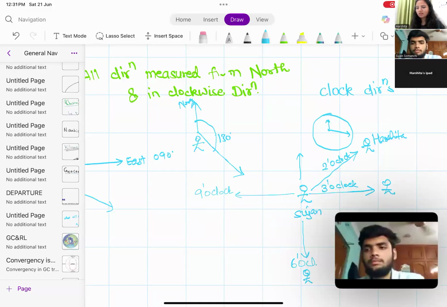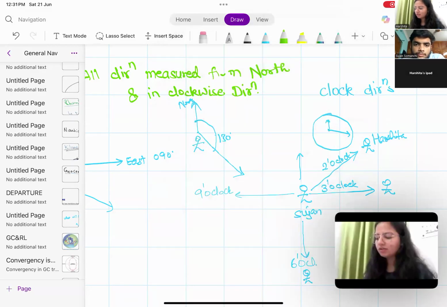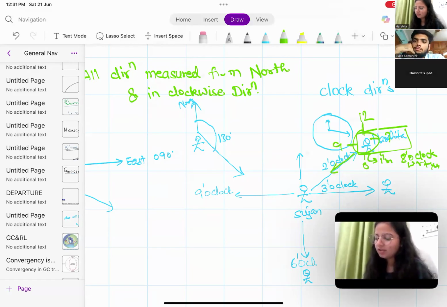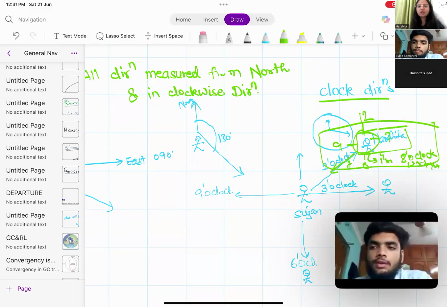But if I have to tell you my position, where am I with respect to you? I will say I am at 8 o'clock with respect to you. Right? My needle will be like this: 12, 3, 6, 9. Nearly you can say 7 or 8. This is what is meant by giving directions in clock direction.